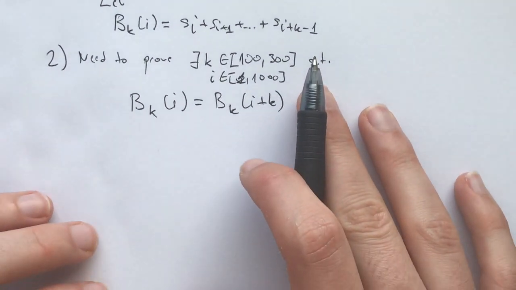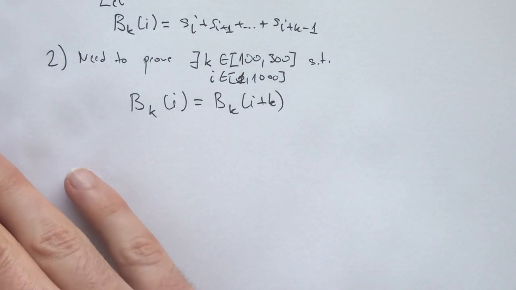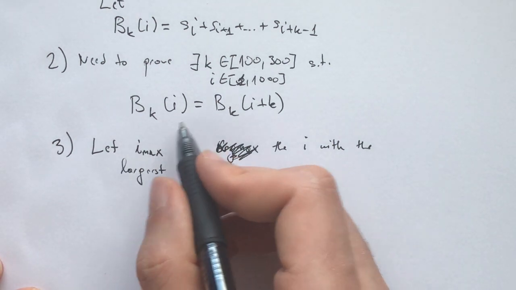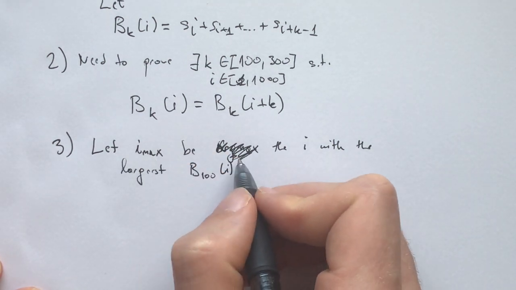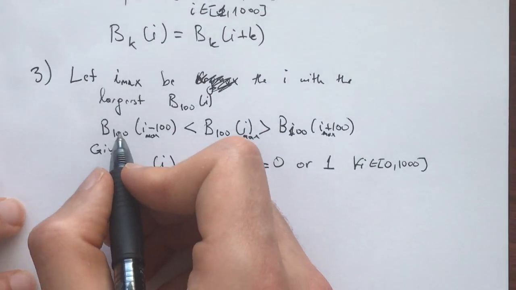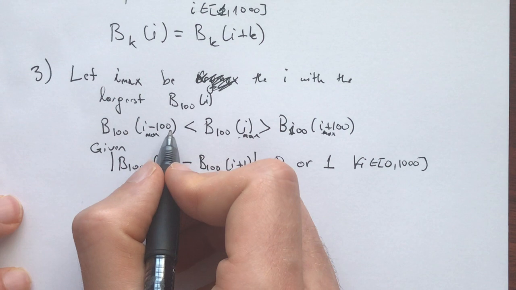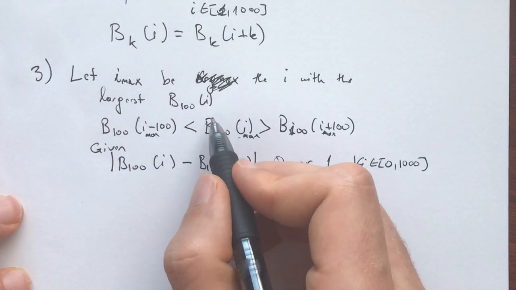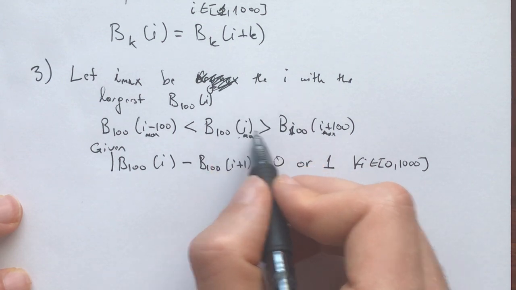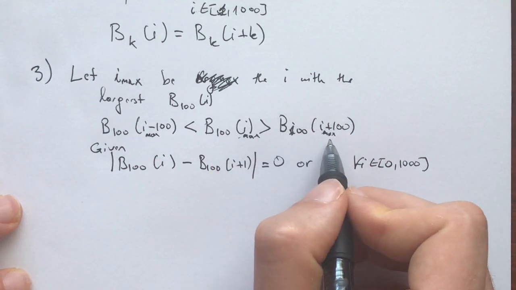The way we prove this is using the extremal principle. Namely, we first use i max, which is the i with the largest B100 of i, and we use that to say that B100 of i max minus 100 is less than B100 of i max, and this is greater than B100 of i max plus 100.